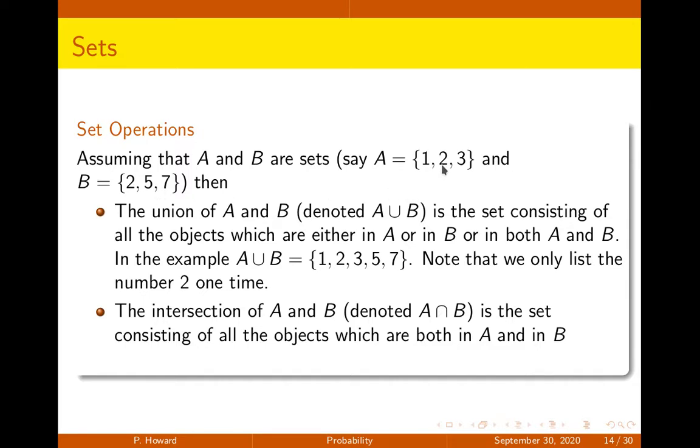The number 2 is the only object that appears in both sets. So A intersect B is the set containing just one object, namely 2.